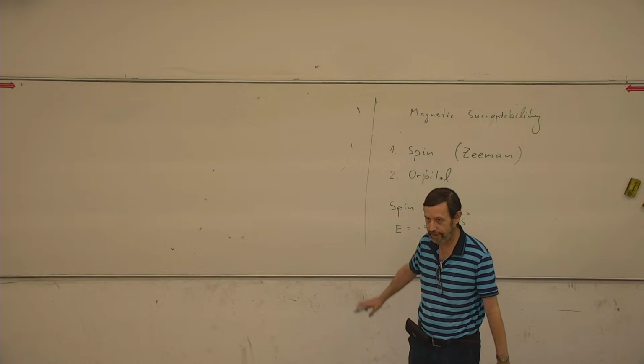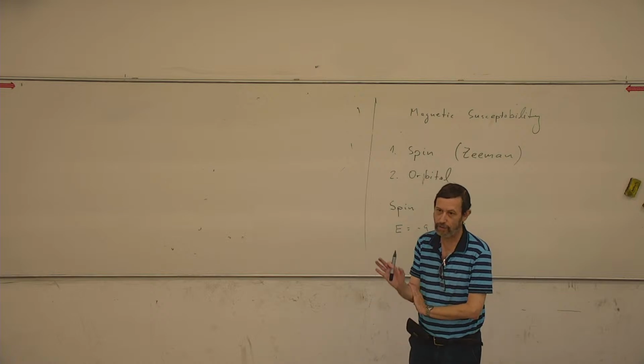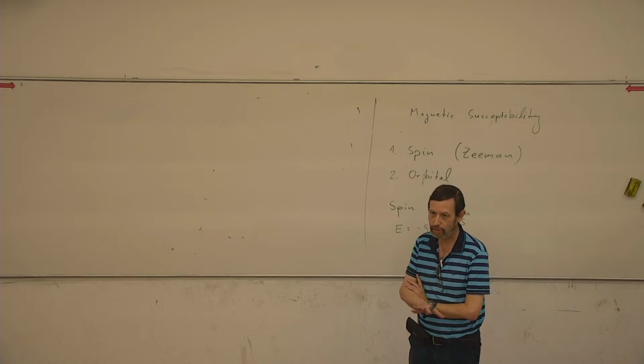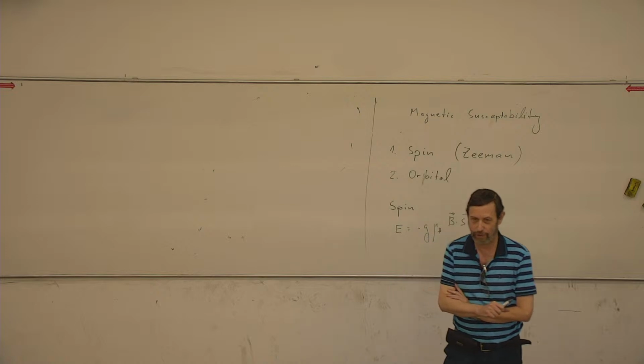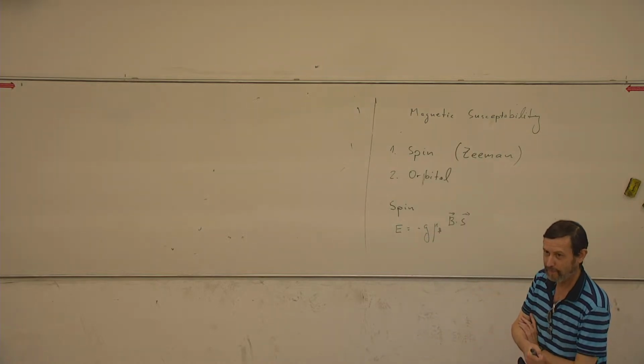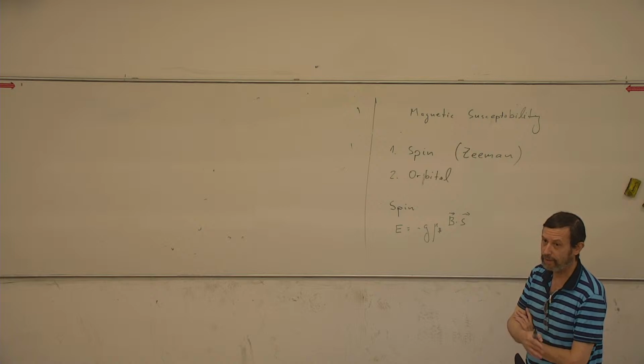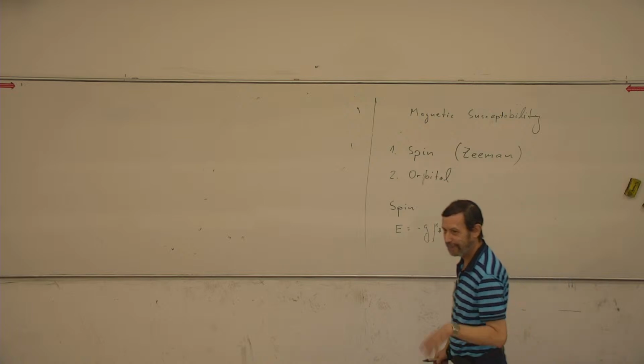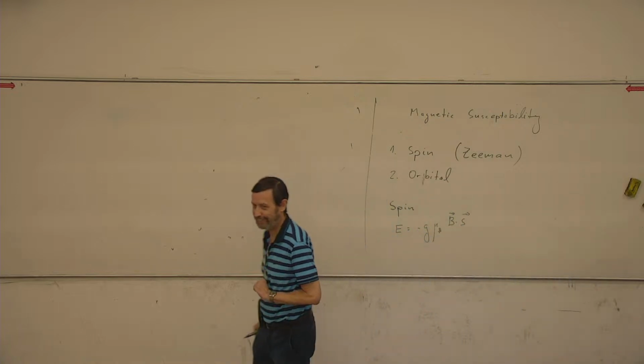We neglected that and we neglect it here. We look as if each electron responds to the magnetic field individually. Is it true? No. Is it completely wrong? Again, no. It's a good approximation. To understand it, take a graduate course.